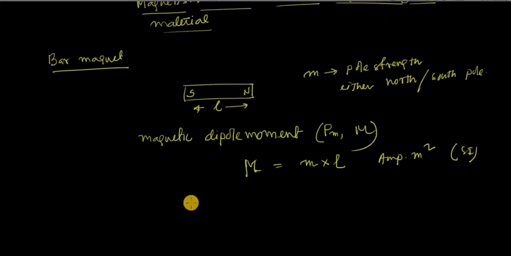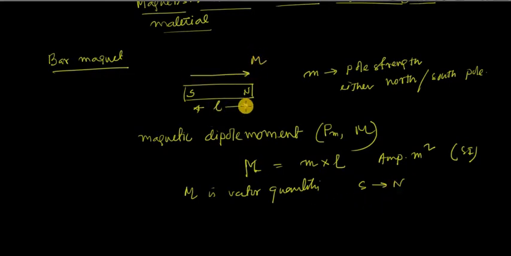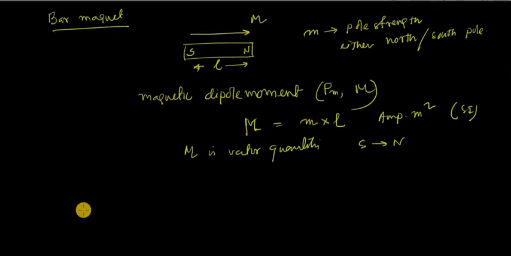So this is our magnetic dipole moment. It is a vector quantity and it is always directed from south to north pole. Just to compare it with the electric dipole, say this is a minus Q charge, this is a plus Q charge, the separation is L, so it also forms an electric dipole, and the dipole moment P is given by charge into separation.